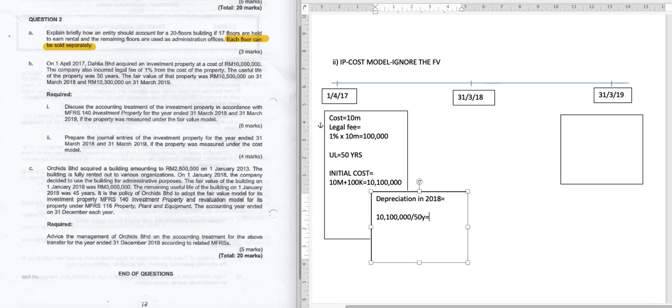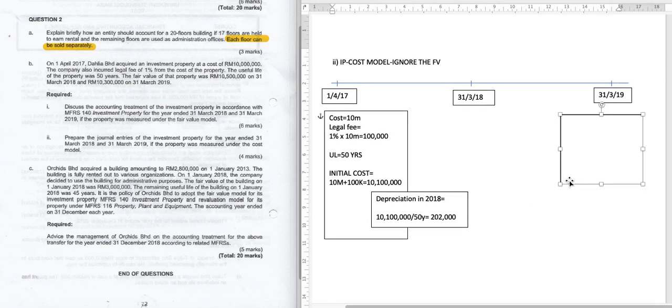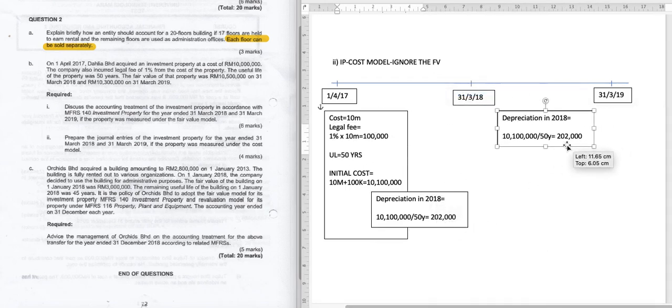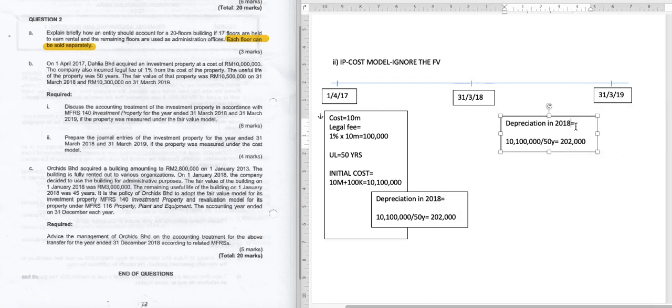So you get 202,000. Okay. Alright, so in 2019, same depreciation, that is 202,000.